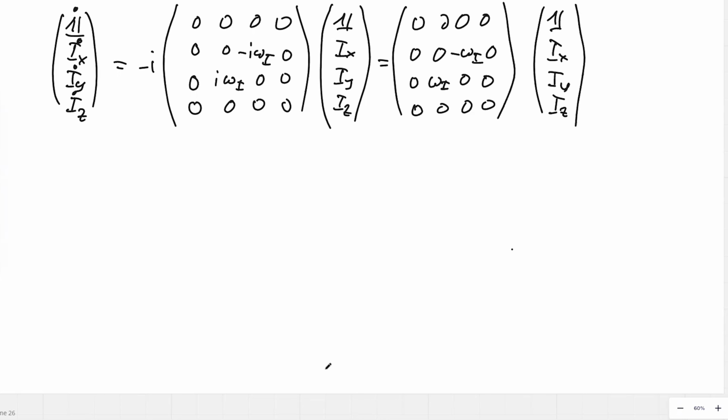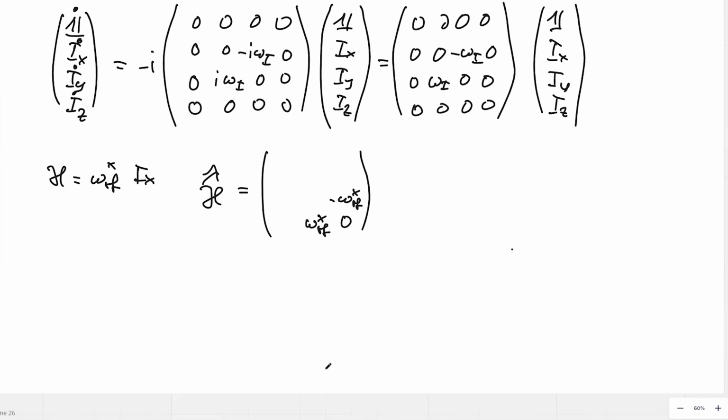Why do I do this? The second basis even. Well, I tell you, for H equals omega Rf x Ix, the superoperator is going to be 0, minus omega Rf x, omega Rf x, 0, 0, 0, 0.